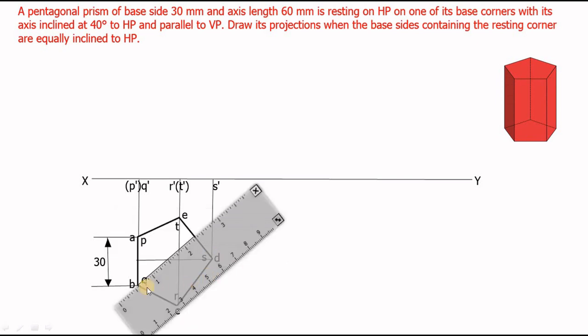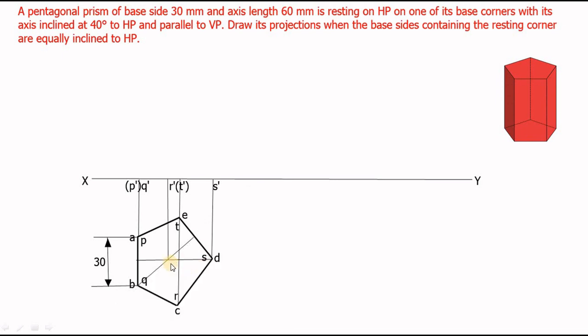Clear? Similarly, from B, draw one straight line to the opposite side, that is T and S. Both will meet at one particular point. This point is the center of the pentagon, that is the pentagonal prism. Clear? So draw one projection line from that center and this will be the axis line.